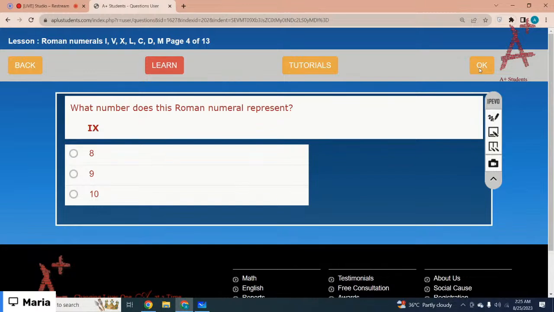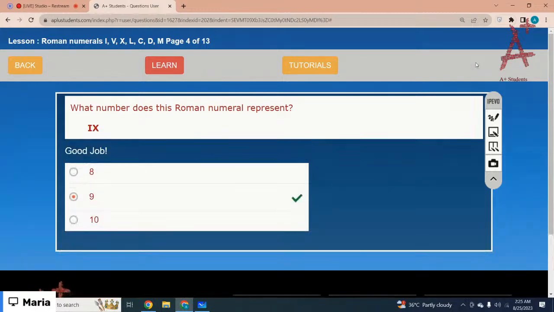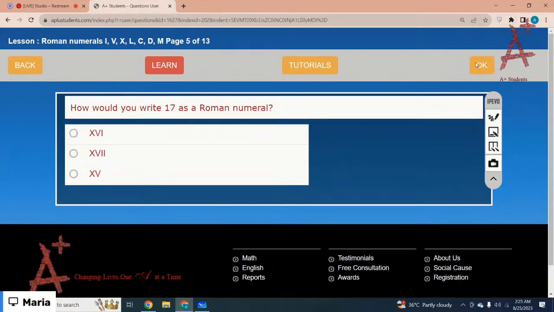And I before X means 1 less than 10. So that would be 9. The correct option is 9.